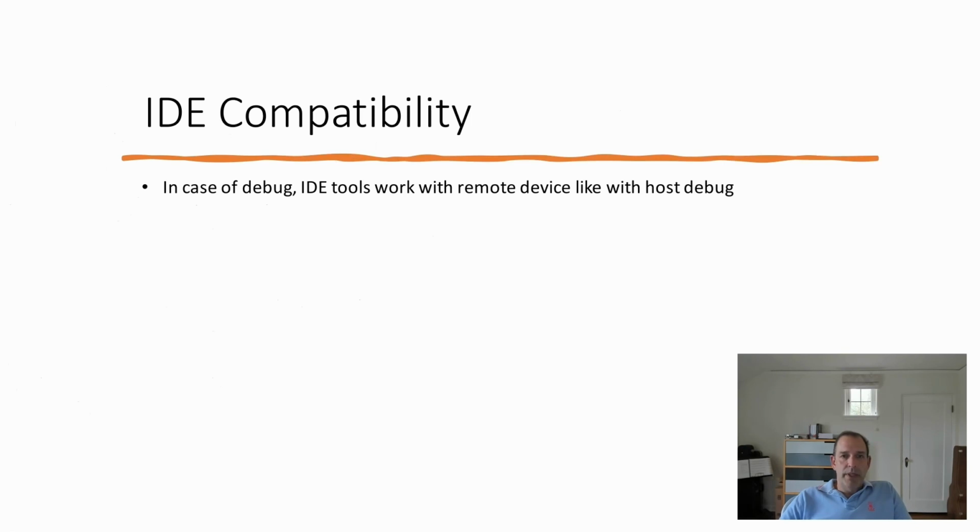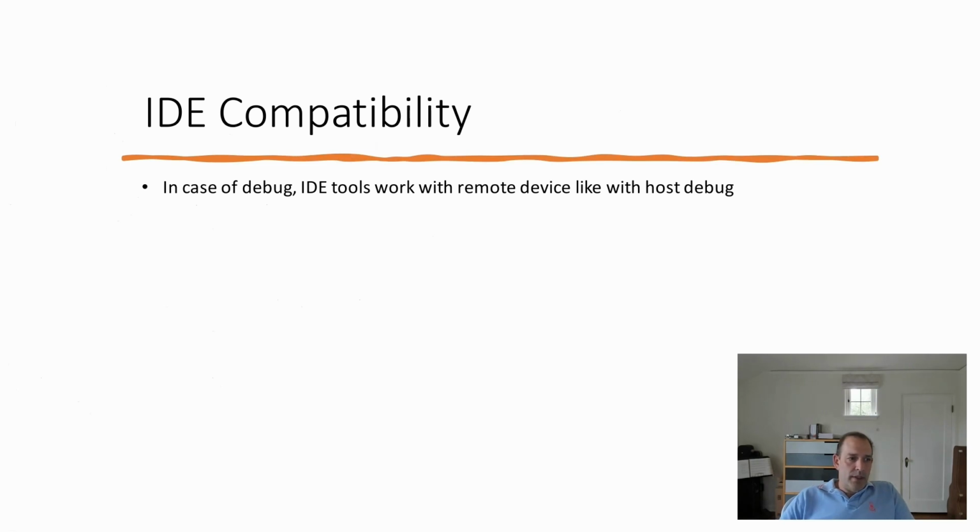IDE Compatibility. So the way custom device works with the IDE is it's basically seamless, right? Anything you can do on the command line, you can do in the IDE. So effectively what you do is you launch your IDE from the environment in which the Flutter workspace was set.